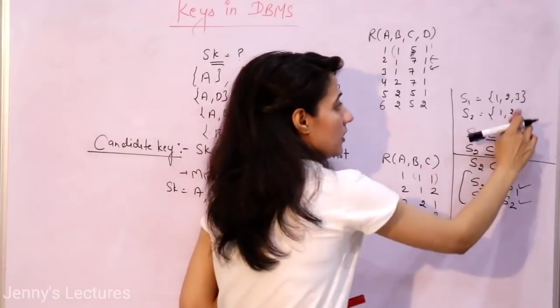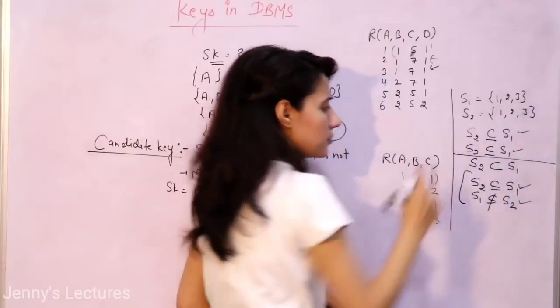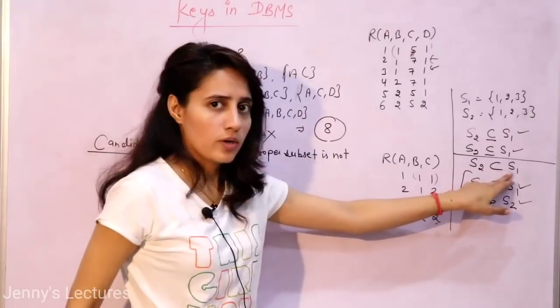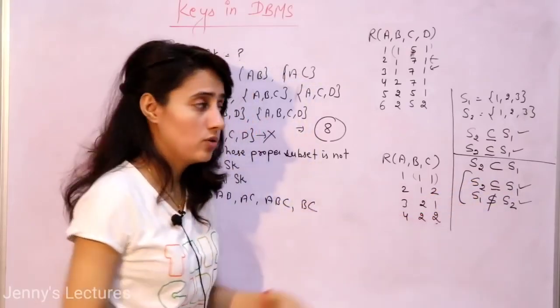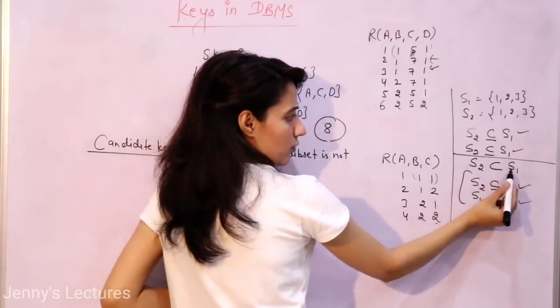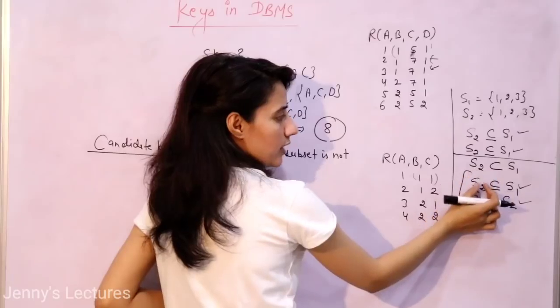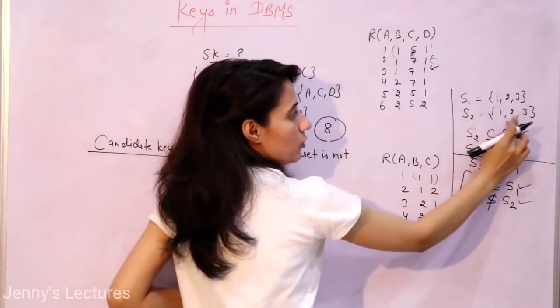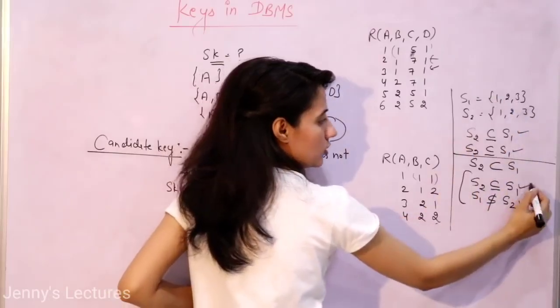Now see, if I take here also 1 2 3, check if S2 is a proper subset of S1, whether these conditions are satisfied or not. First of all, S2 should be a subset of S1, means all the members of S2 should be present in S1. Members of S2, 1 2 3, are present in S1, so this condition is true.